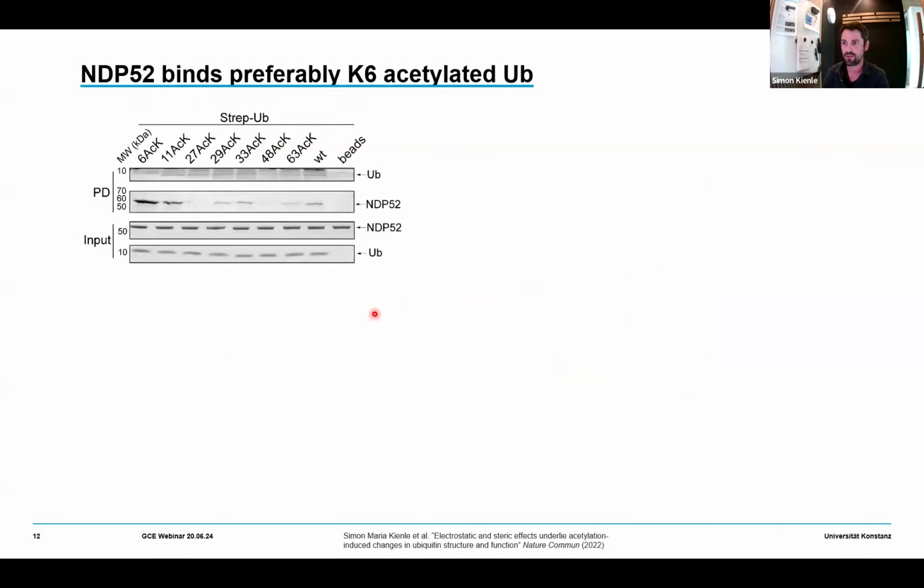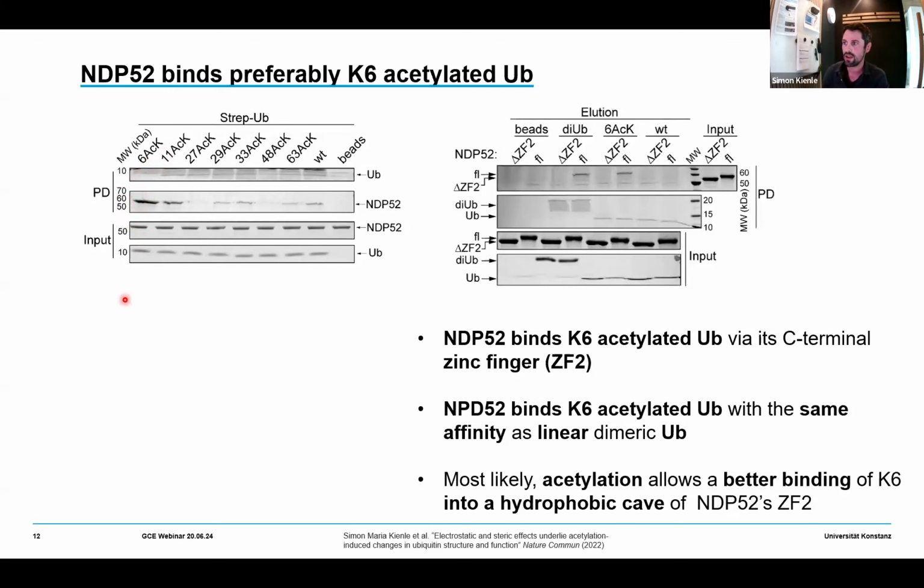First, we confirmed our results from the affinity enrichment experiments with recombinant NEP52, and could show that recombinant NEP52 also shows a strong binding to K6 acetylated ubiquitin. Next, we asked the question, does NEP52 bind to K6 acetylated ubiquitin via its C-terminal zinc finger?